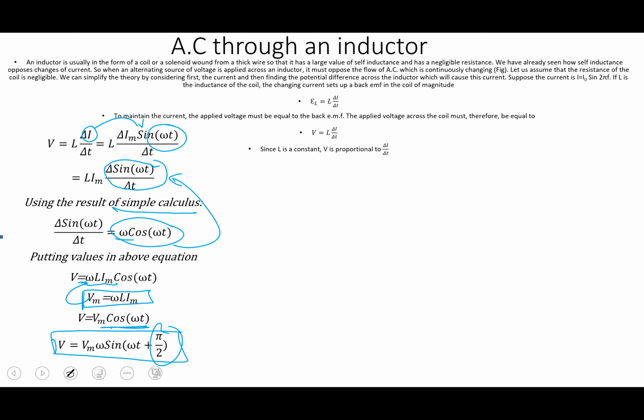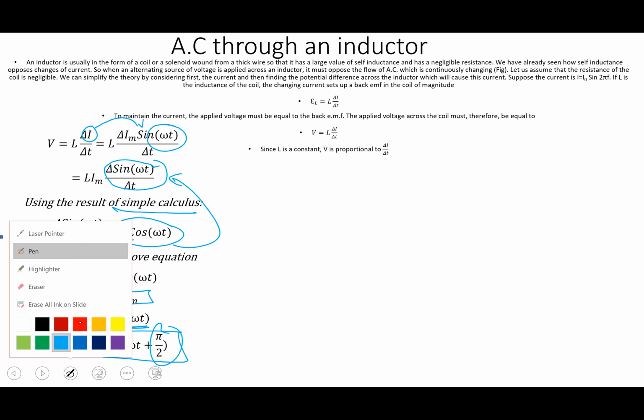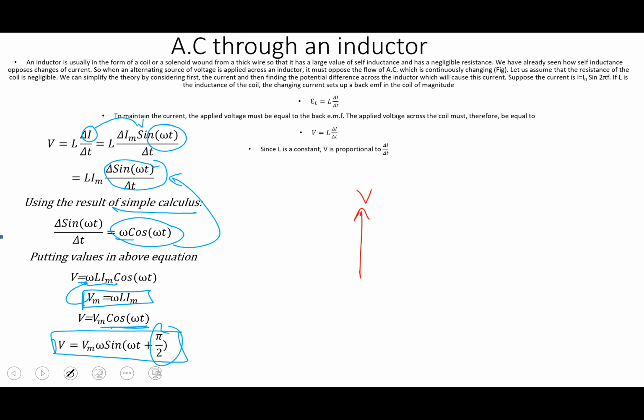The voltage is leading by an angle of 90 degrees. If we have to draw it, the voltage is leading and the current is lagging behind by an angle of 90 degrees, as shown over here. You can see it very clearly.